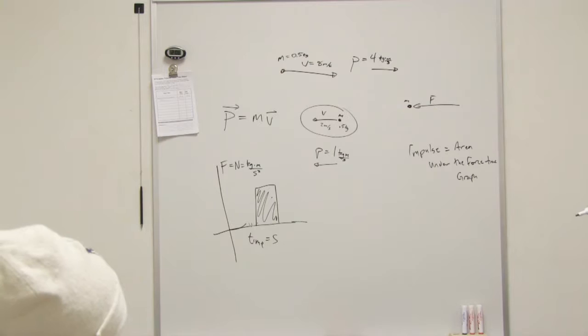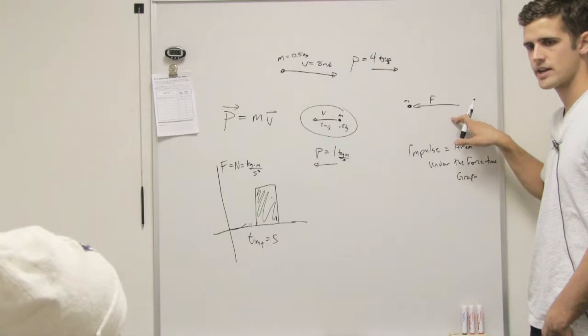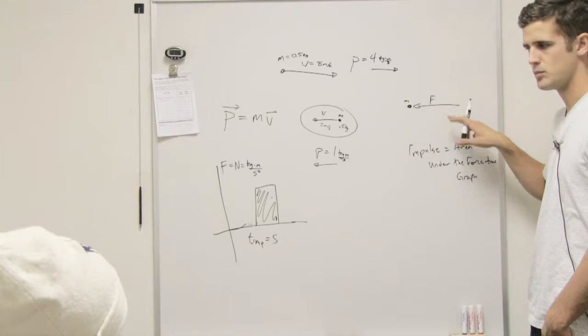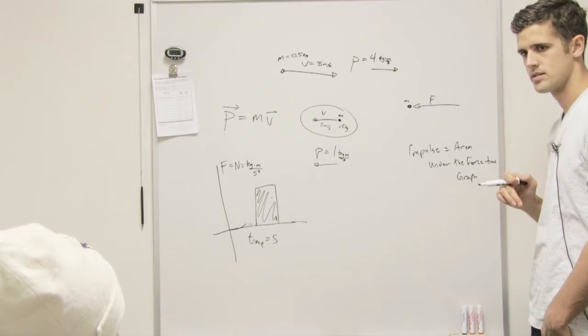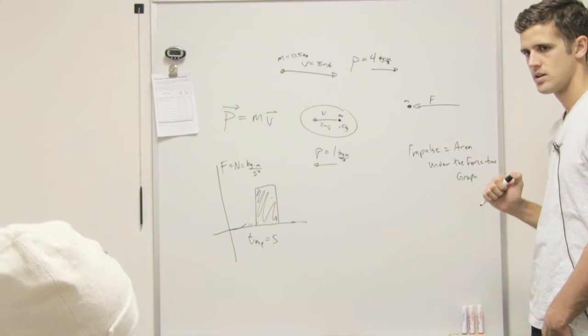Okay. So basically they say, find this force, find out how long it acts, and multiply those two together. And that'll give you your impulse. So just newtons times seconds.